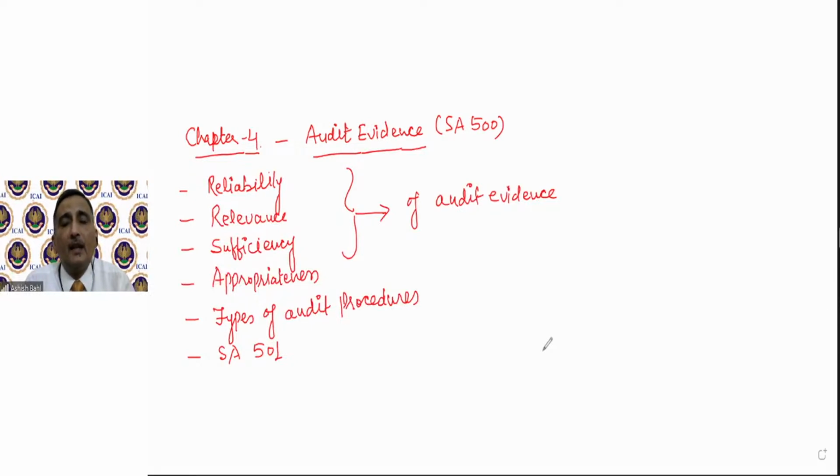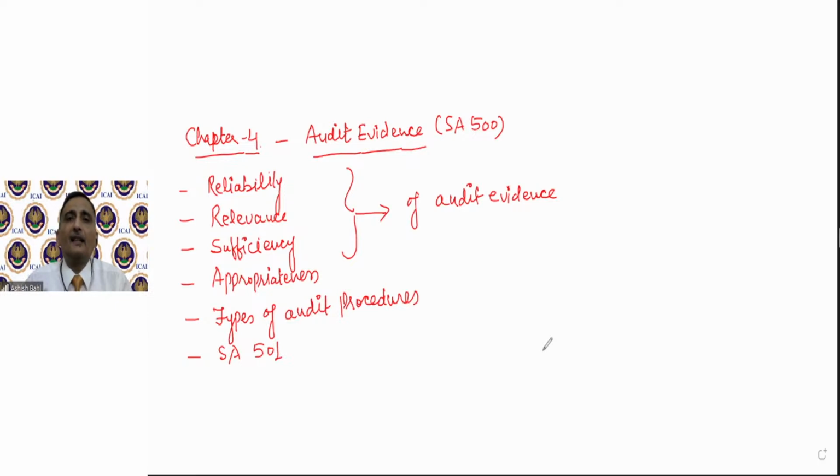So today, students, we shall be discussing relevance and reliability of audit evidence. What is sufficient appropriate audit evidence? We have been reading since chapter 1 that an auditor obtains sufficient appropriate audit evidence. I had given you a general idea of it, but today we shall be discussing it in greater detail. We shall also be learning about the various types of audit procedures.